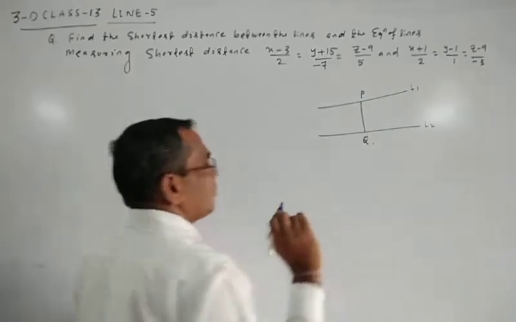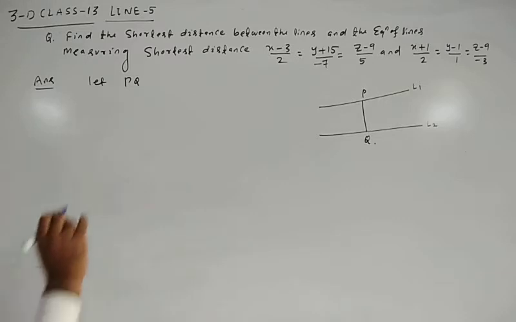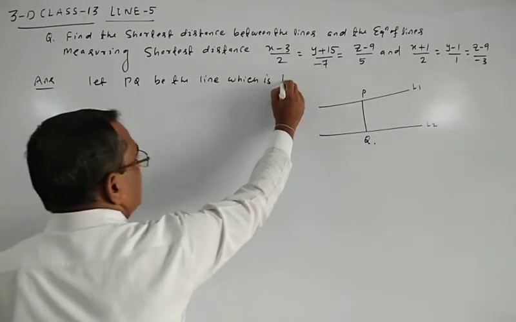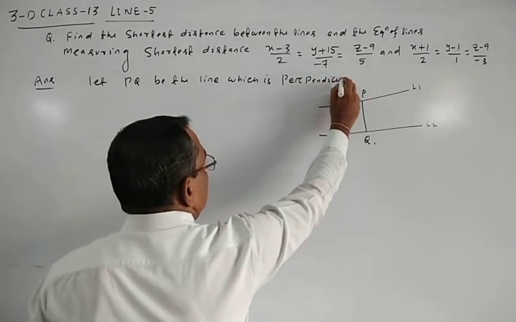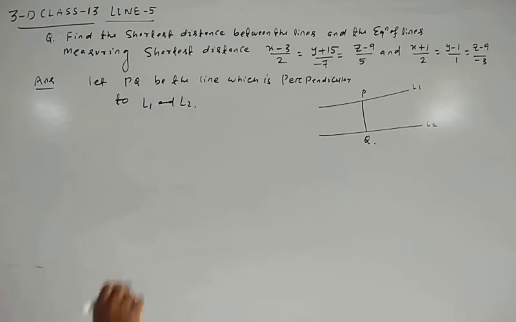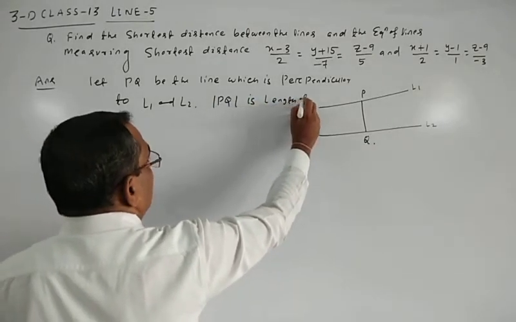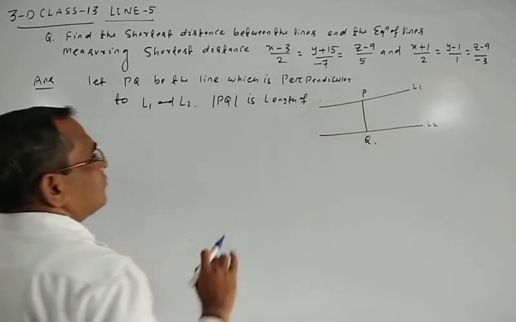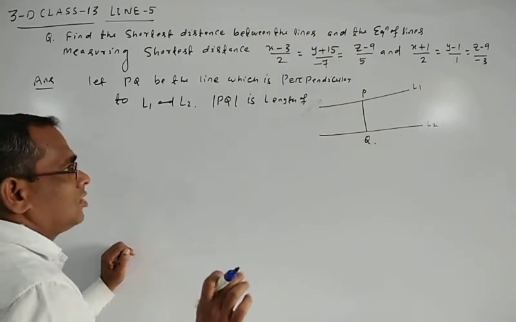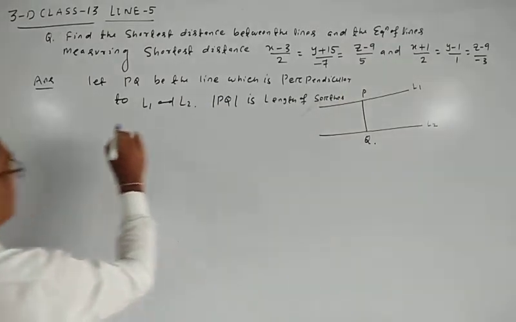Answer: let PQ be the line which is perpendicular to L1 and L2, and its length, the modulus of PQ, the distance PQ, is the length of the shortest distance.